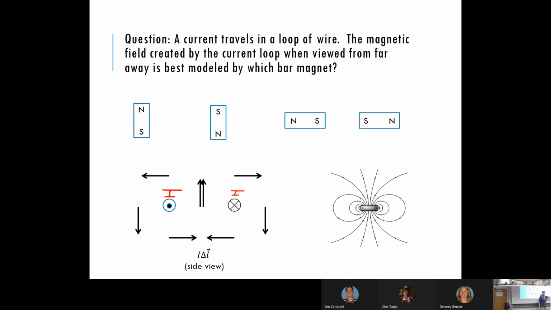If I wanted to replace that current carrying loop with a bar magnet, which bar magnet would give me the exact same field? Which orientation of the bar magnet will result in a magnetic field that looks like this arrangement here?